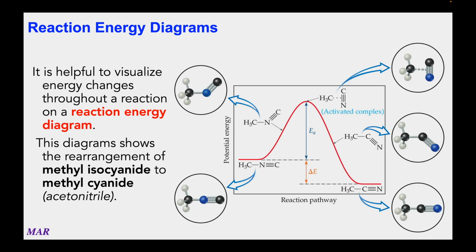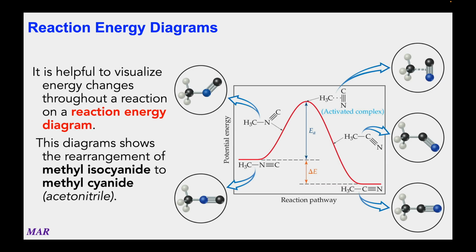So sometimes scientists will create what's called a reaction energy diagram, and this is an example of a reaction of a compound called methyl isocyanide, making methyl cyanide. Methyl isocyanide is on the left, and methyl cyanide is on the right down there. Carbon is the black atom, and nitrogen is the blue atom.